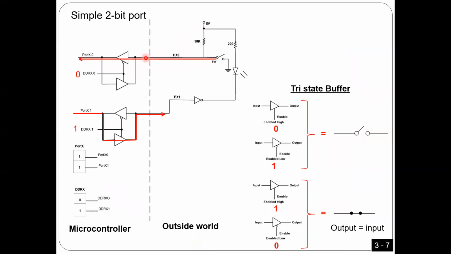So here I show you one example. This is a pin for a port. You can see here, guys, for this pin we have 2 switches. These are electronic switches. We call them tri-state buffers, right? This is how it works. If you put 0 here, that means this switch is open.